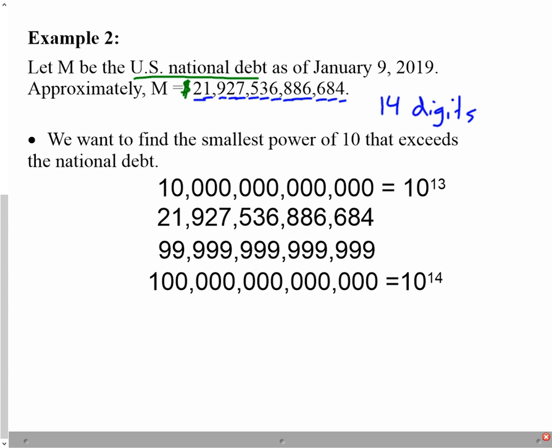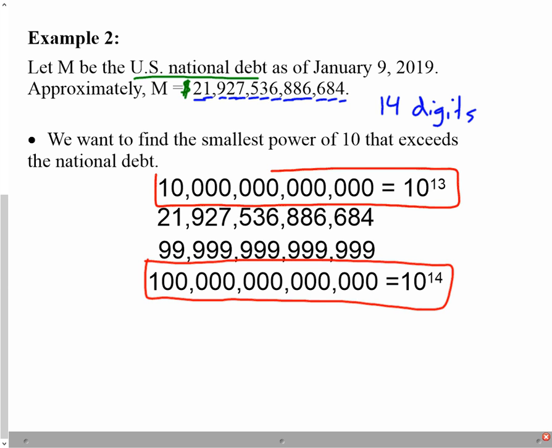And that's quite a bit bigger than what our actual national debt is, but that's the smallest power of 10 that would be larger than it. All right, do you agree with that? But it's also good to know that 10 to the 13th power is just on the other side of it. It's actually closer to it, but it's under it.